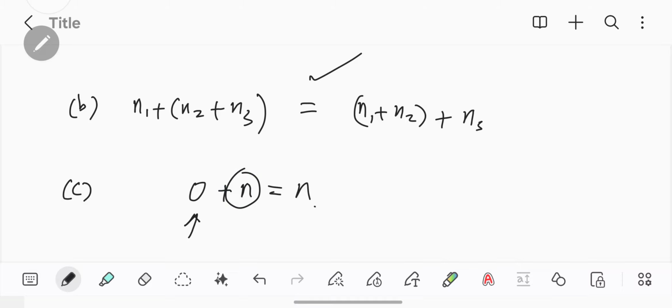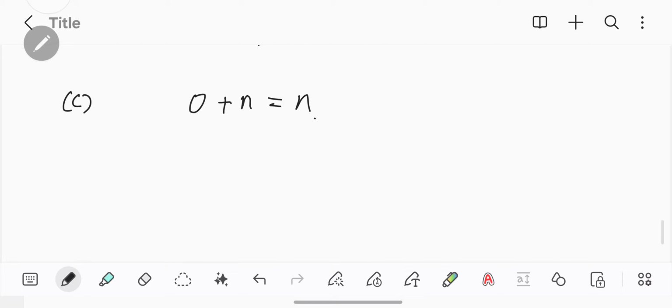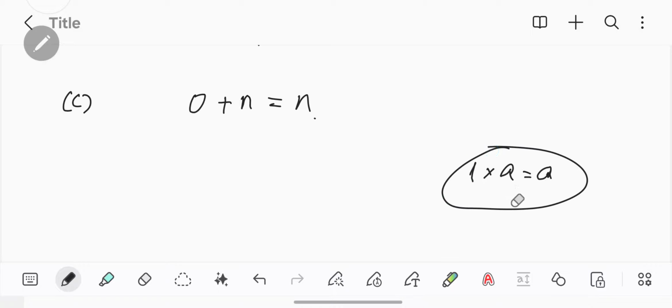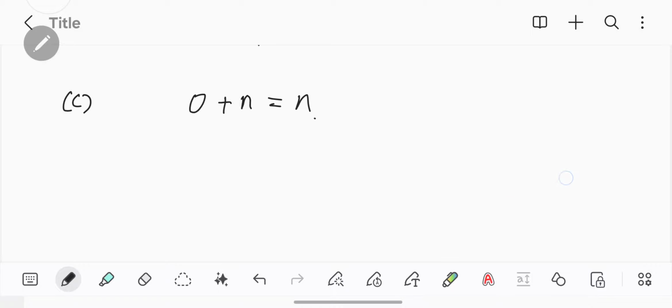You had the shape of n and you get back the same shape. That means this is the identity, so it's called the additive identity. Similarly, the multiplicative identity is 1. That means if you multiply 1 with any number a, you will get back a.